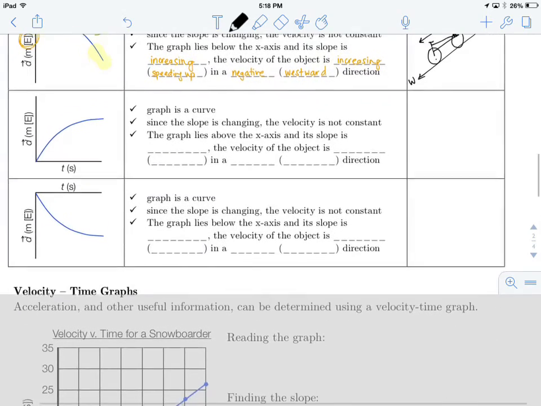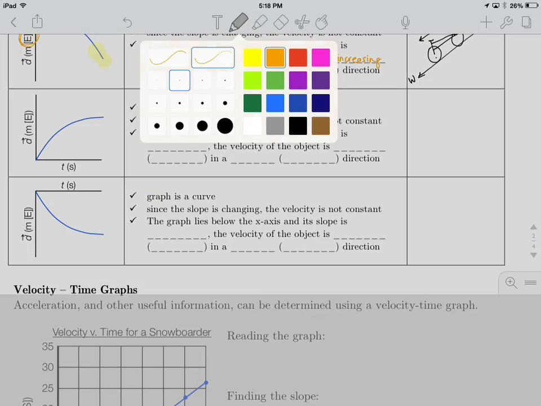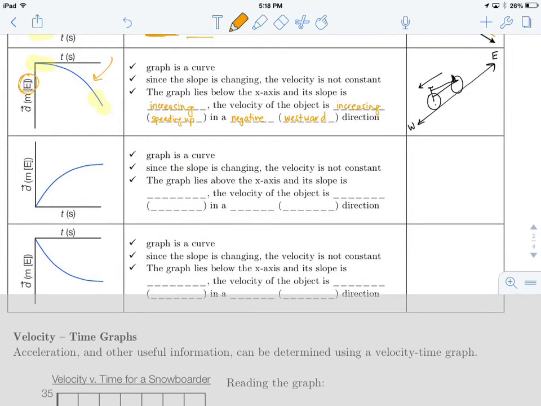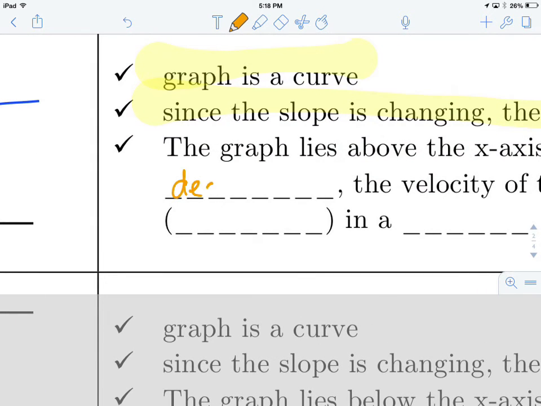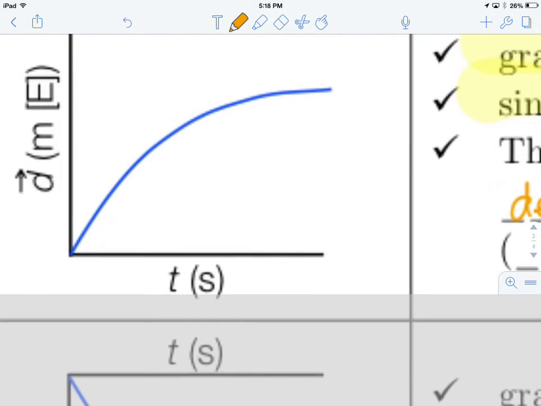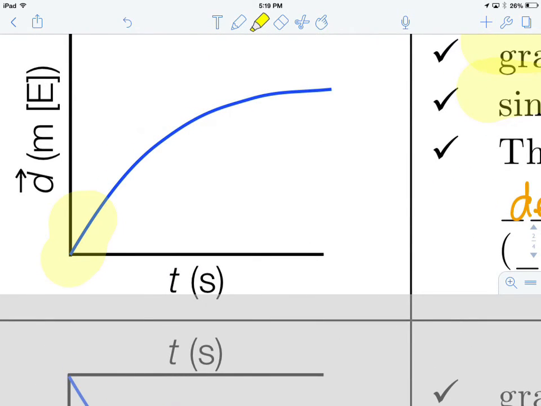All right, moving along, here we have two more examples. This is an object that of course is a curve. Its slope is changing. I put these in here not for repetitiveness, but to prove a point that anytime it's a curve, we know that the velocity is not constant. This graph lies above the x-axis. Its slope is decreasing. At the beginning it starts out with a pretty high slope and ends with something that's almost 0.